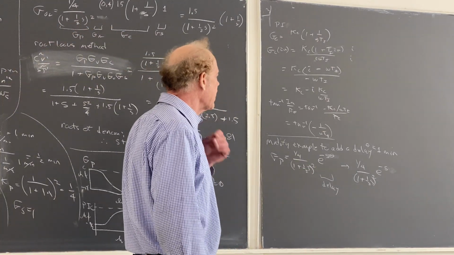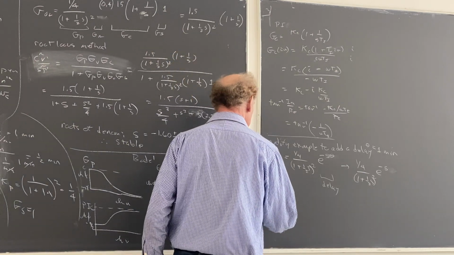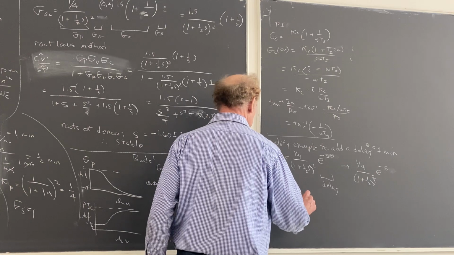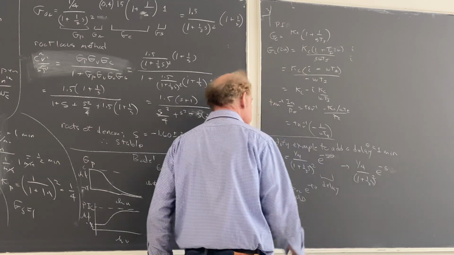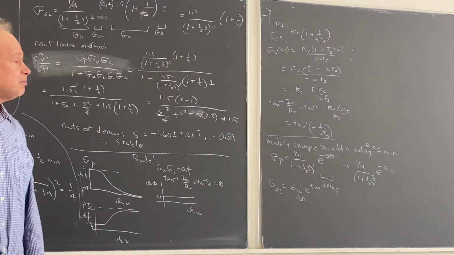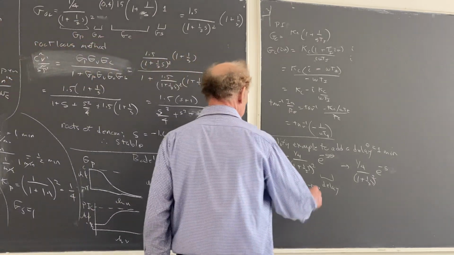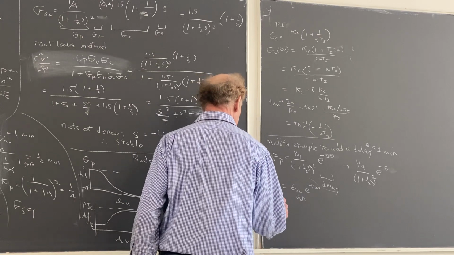So let's see what's going to change when I go to G open loop. G open loop is going to be the same thing, the old one, times e to the minus I omega. So the first thing that I'm going to get is let's look at the phi.